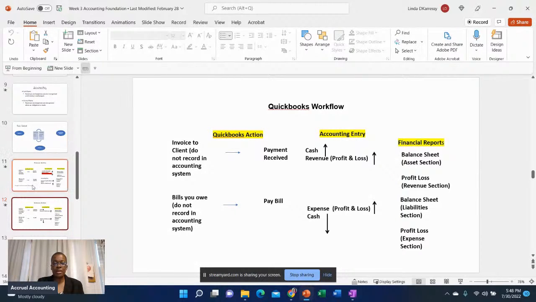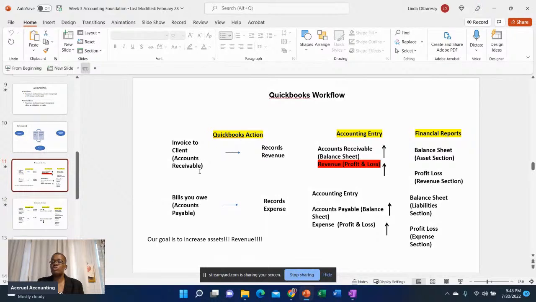Let's go back to this slide. Receivable is money owed to the business. If you're creating invoices, those outstanding invoices are going to go to the accounts receivable report, so you can always run this report and know what's outstanding. But you need to create invoices in your accounting software.